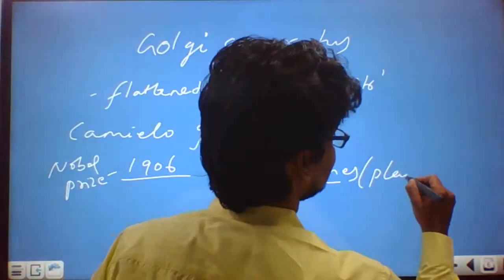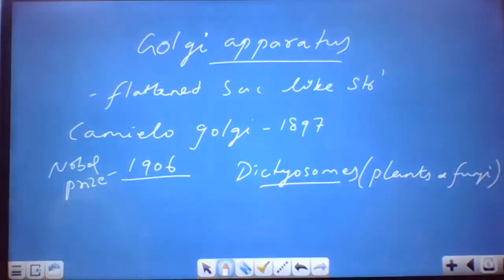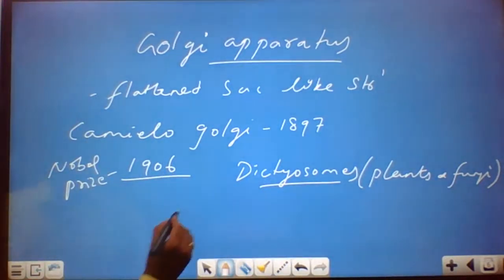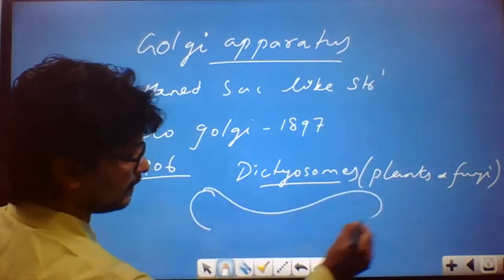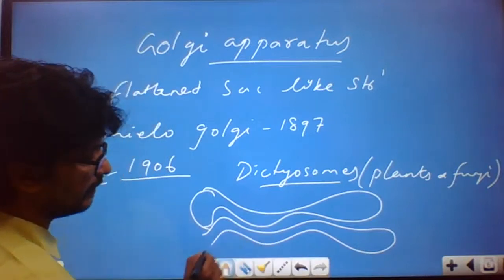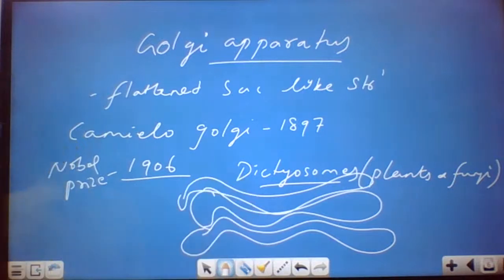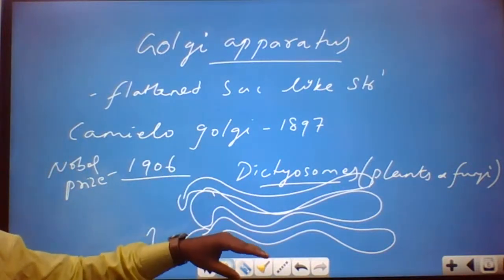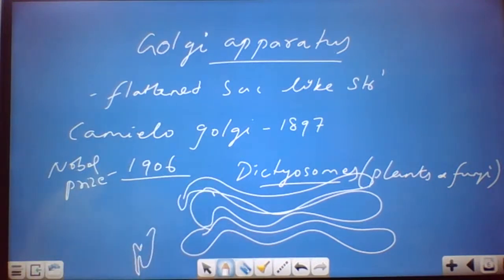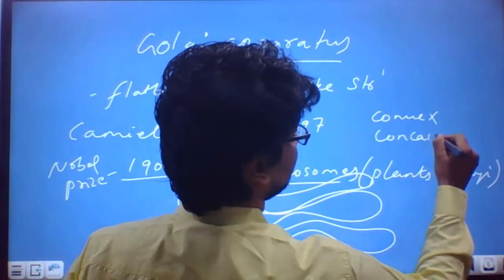Usually in the case of plants and fungi, they use the word dictyosomes. You can see disc-like structures, one above the other, which you would have noticed in the structure of the Golgi apparatus. There are two sides: one is the convex side, the other is the concave side.